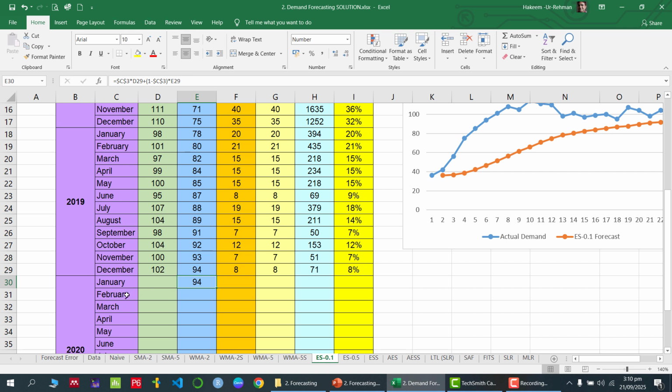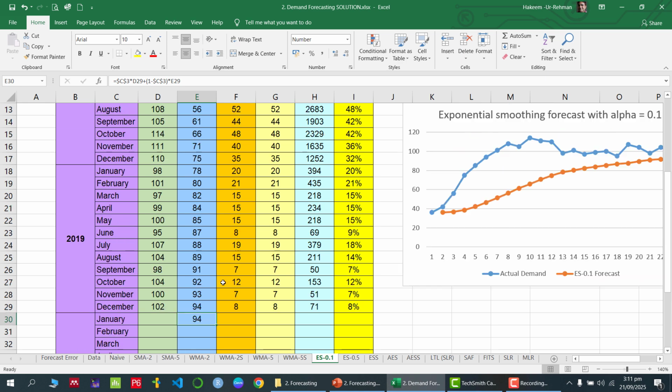If you would like to predict two periods ahead, then this value is going to be repeated, which is 94. If you would like to predict March, that will also be 94 while we are sitting in the month of December. But right now our objective was to predict the value for the month of January.